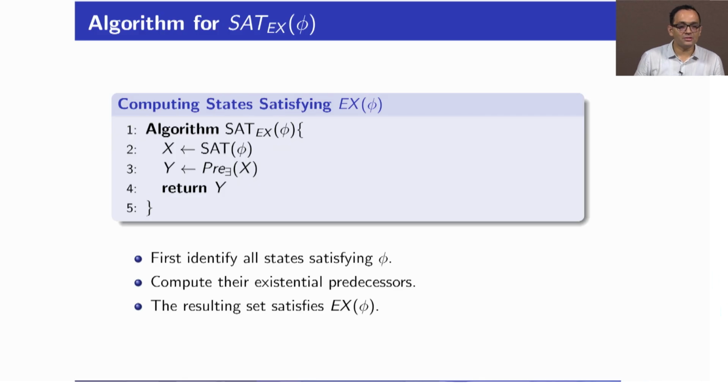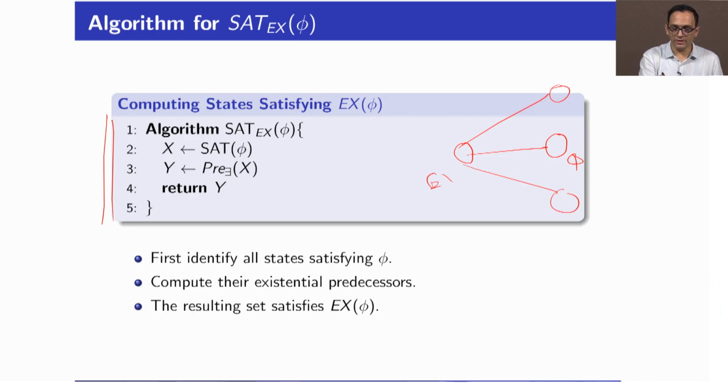So, with these two definitions I can write the algorithm for EX phi. You remember the labeling algorithm for EX phi: if there is some state where phi holds, I will try to identify states with at least one next state where phi holds, and I will mark those states with EX phi. So I can use pre there exist.